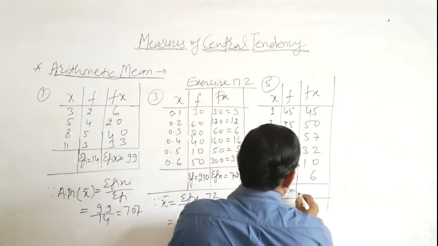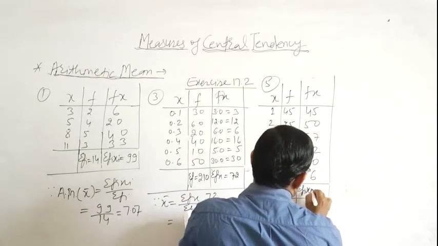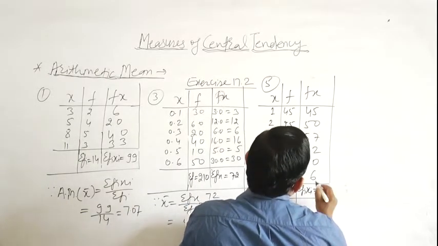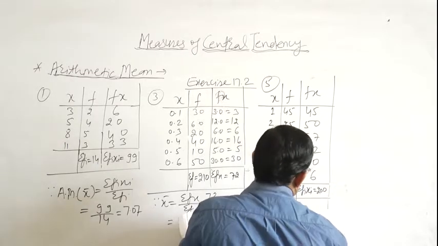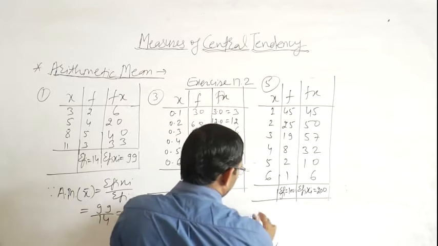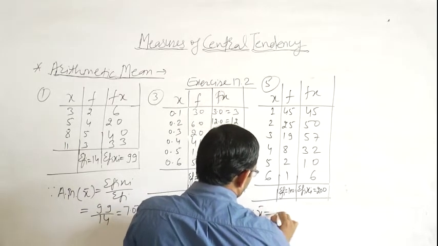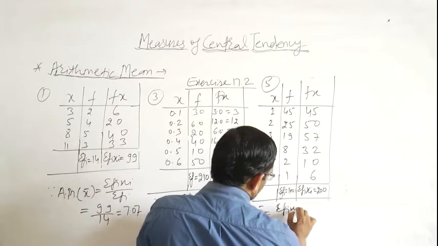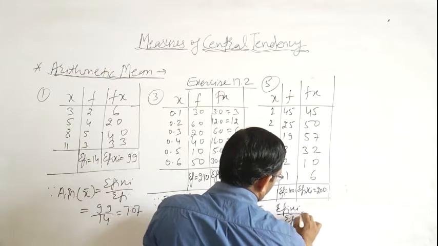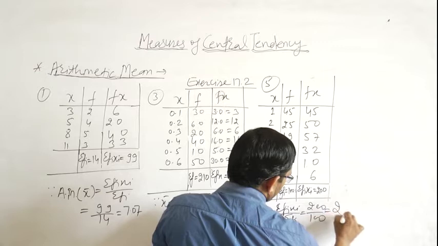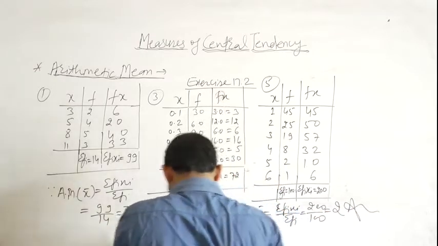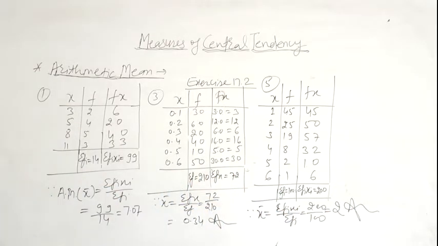And sigma fi xi is 200. Again, because we know that arithmetic mean x bar is equal to sigma fi xi upon sigma fi, equal to 200 upon 100, that is 2. Arithmetic mean is 2.